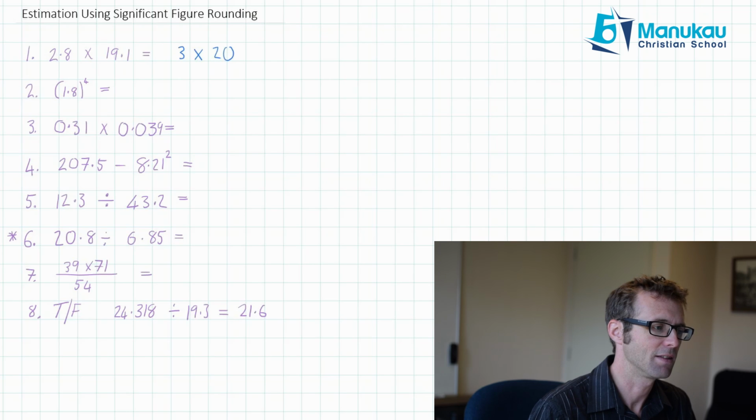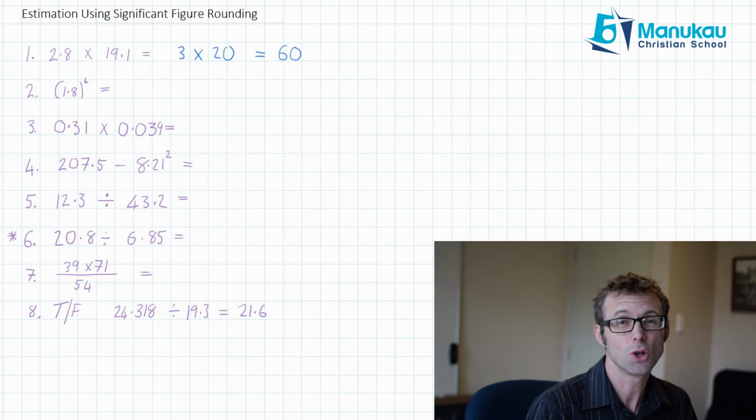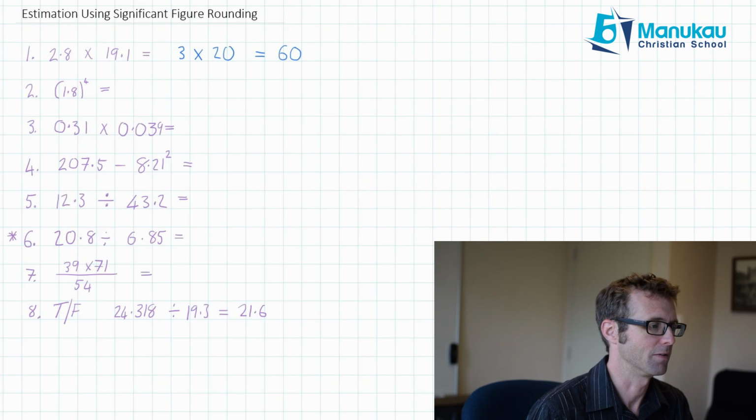So this is roughly going to be around 60, and that would be my estimate for this. Okay, some of you at this point might have gone to two significant figures for the 19.1 and said it was 19, and then you could have said, oh well, that's 57. But I'm just going to use one significant figure there.